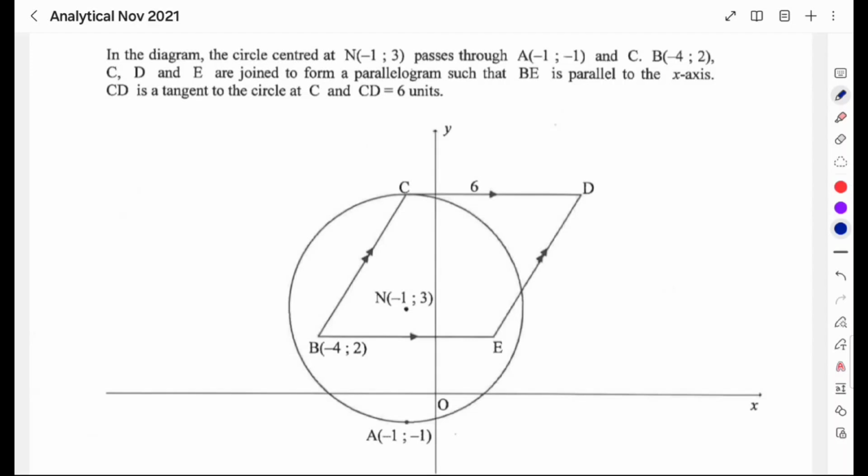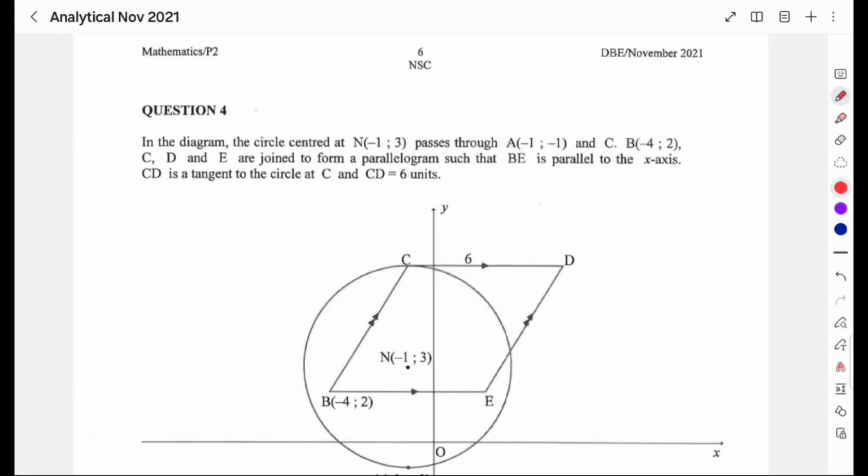B, C, D, and E are joined to form a parallelogram. Please keep in mind that the properties of a parallelogram are that opposite sides are parallel and opposite sides are equal. The diagonals bisect each other, meaning that they meet at the midpoint, such that BE is parallel to the x-axis.